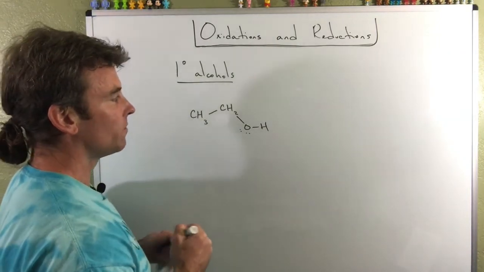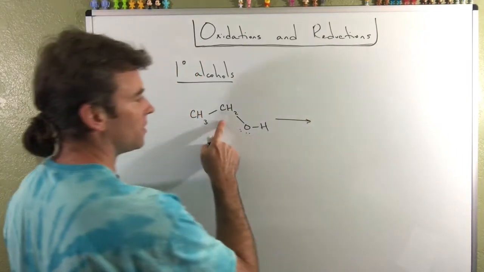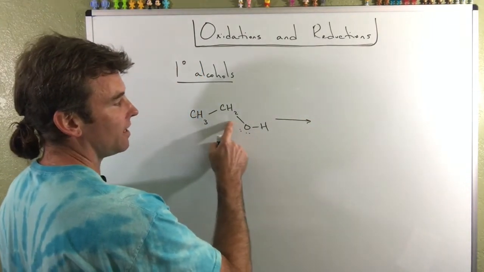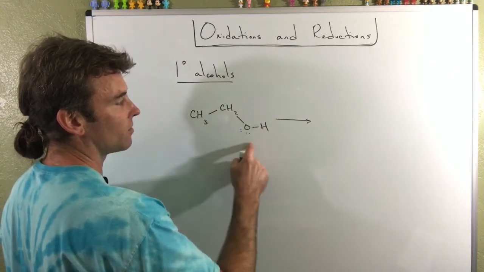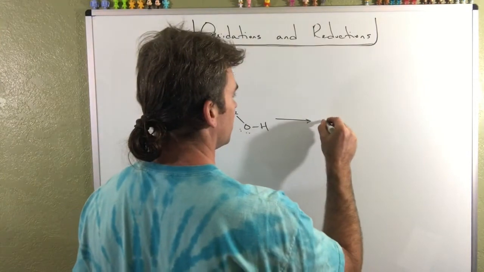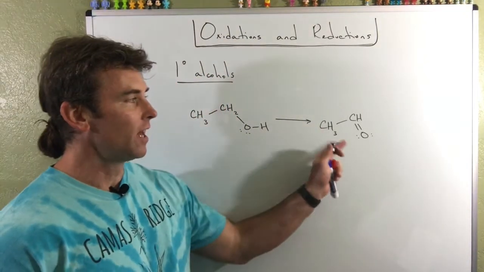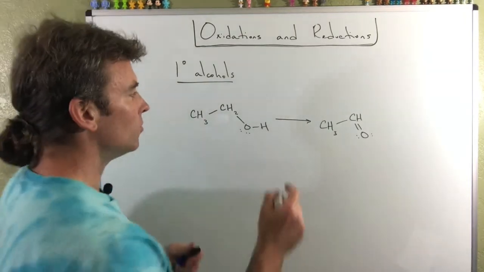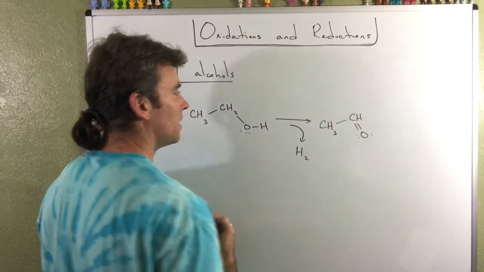And what we're going to do is just take the local train. The first stop along the way in terms of an oxidation is going to be to take this primary alcohol and turn it into an aldehyde. One of the things you'll notice by turning this primary alcohol into an aldehyde is that I removed an equivalent of H2, right?